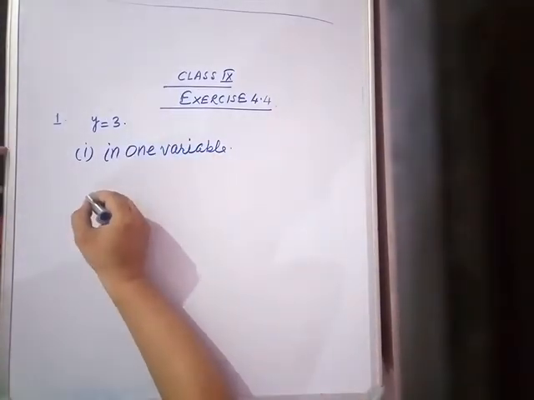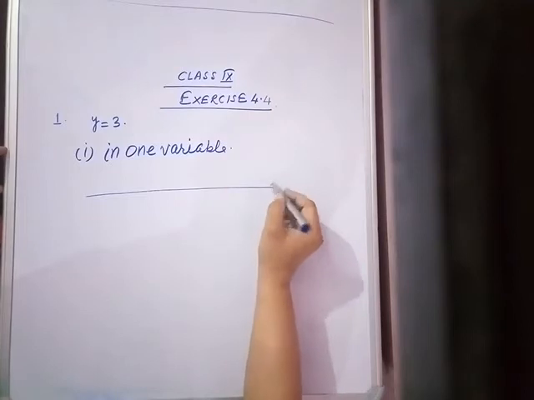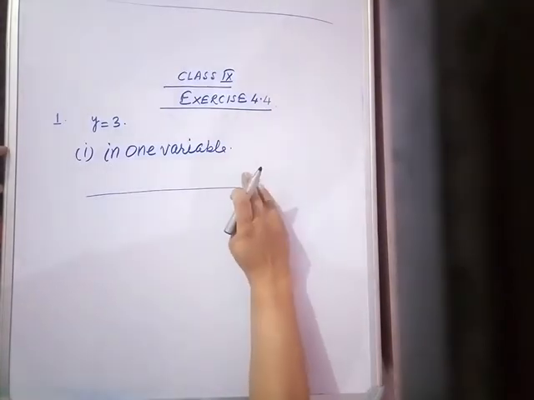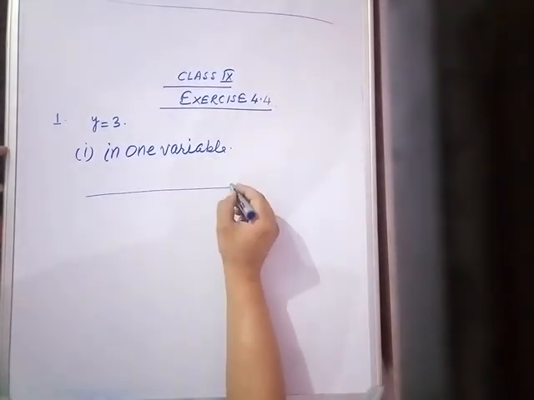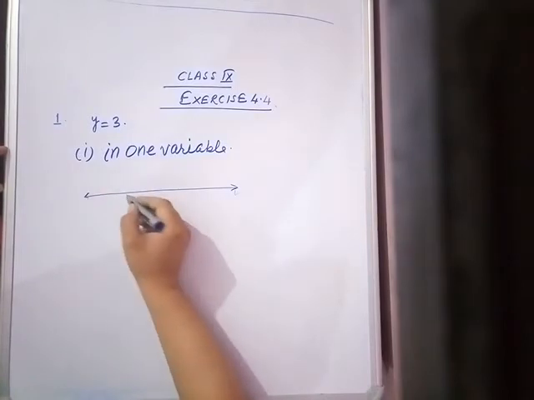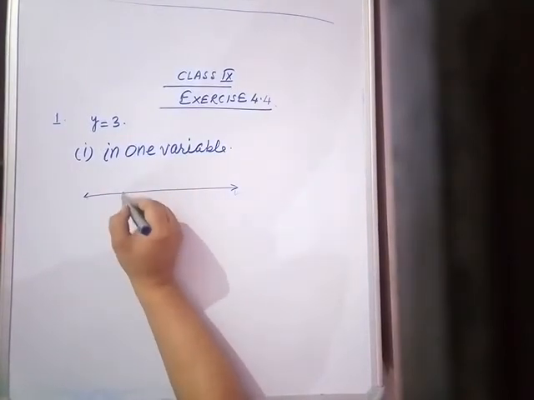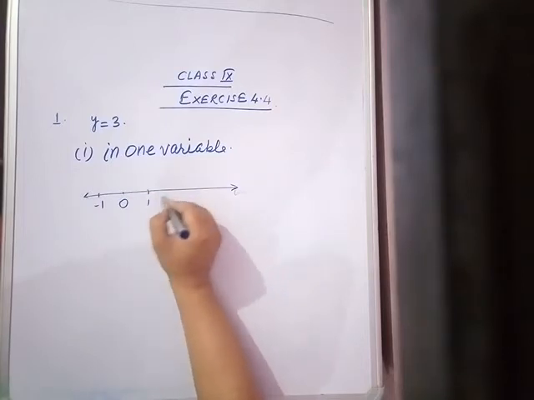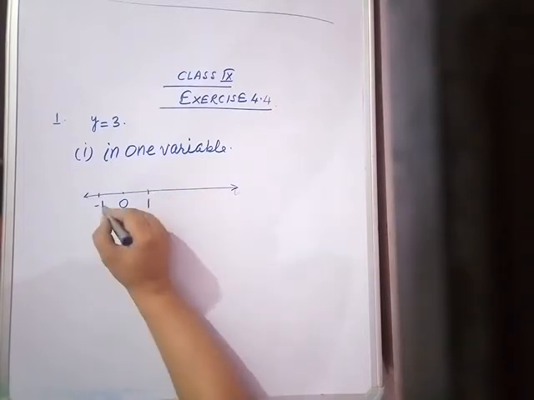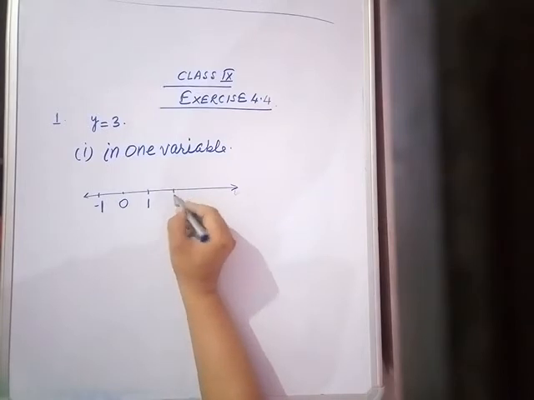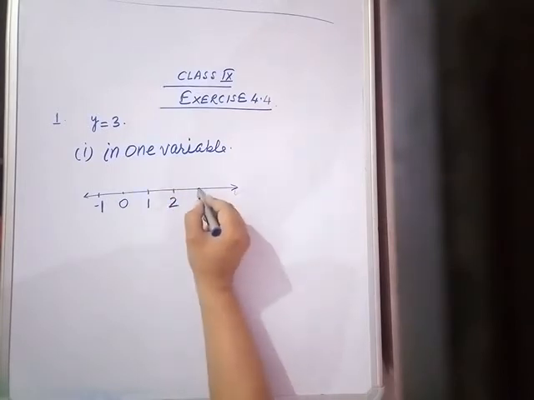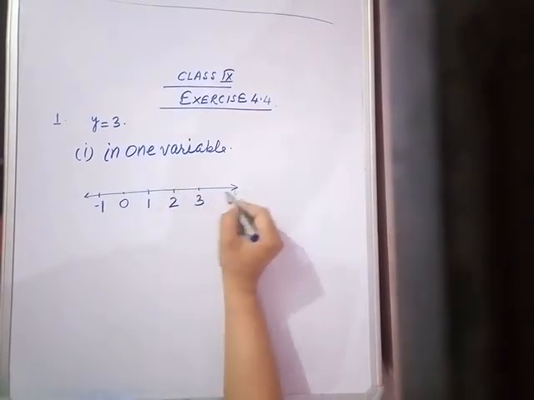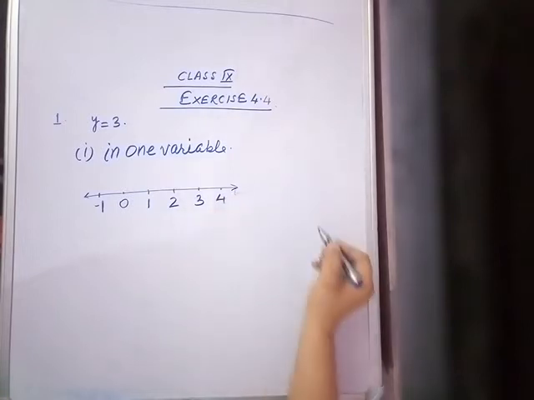So let this be the number line. Zero here, -1, 1, 2, 3, 4 and so on.